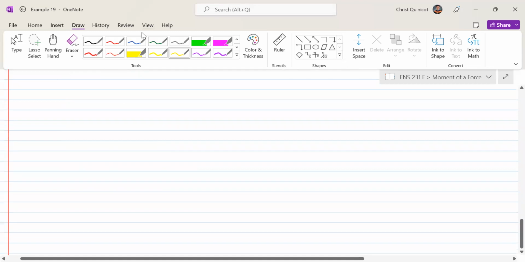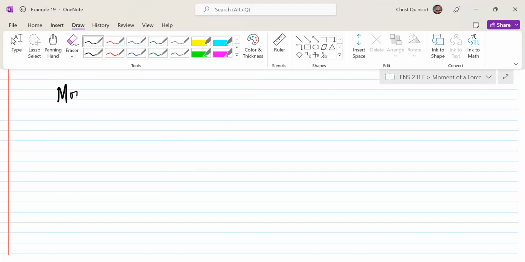So we do moment summation, M sub R at A.